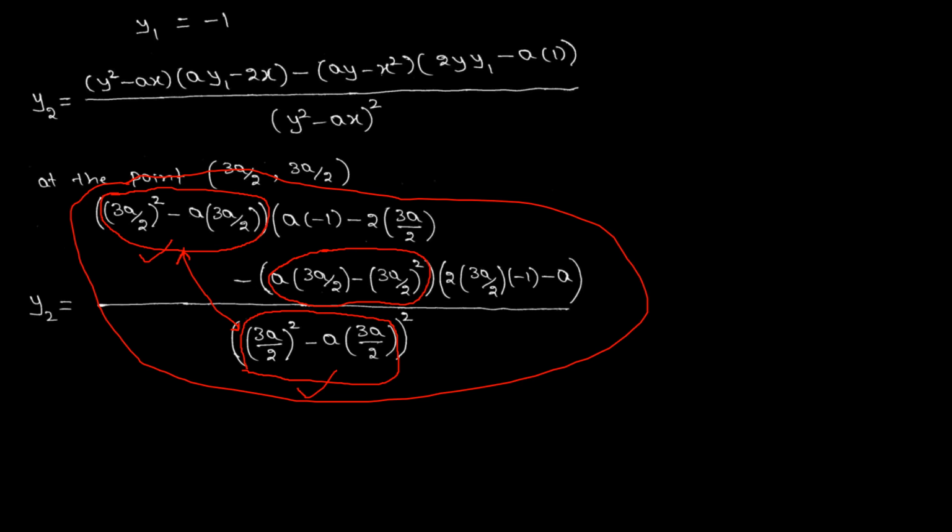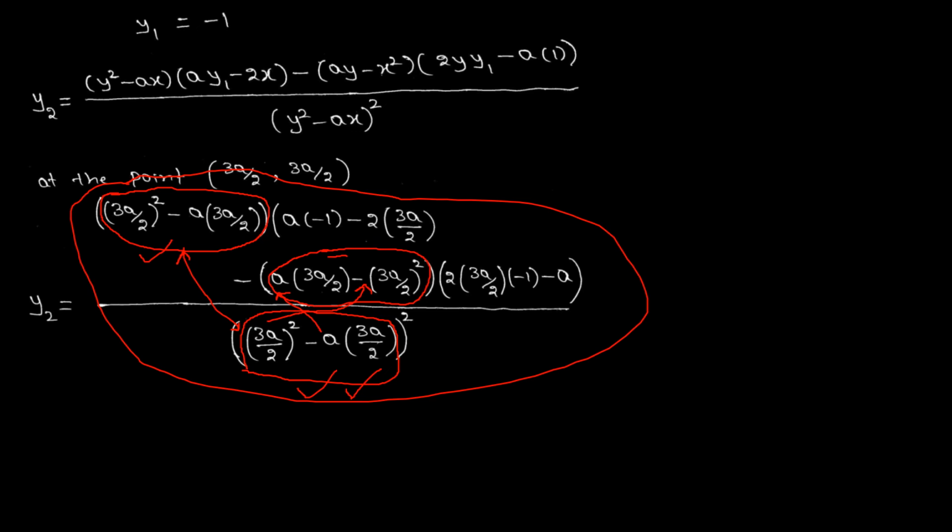Because here we have plus (3a/2) whole square, but here we have minus. Similarly, here we have minus, it is plus. So whatever answer you get here, you just substitute with minus sign in this place.